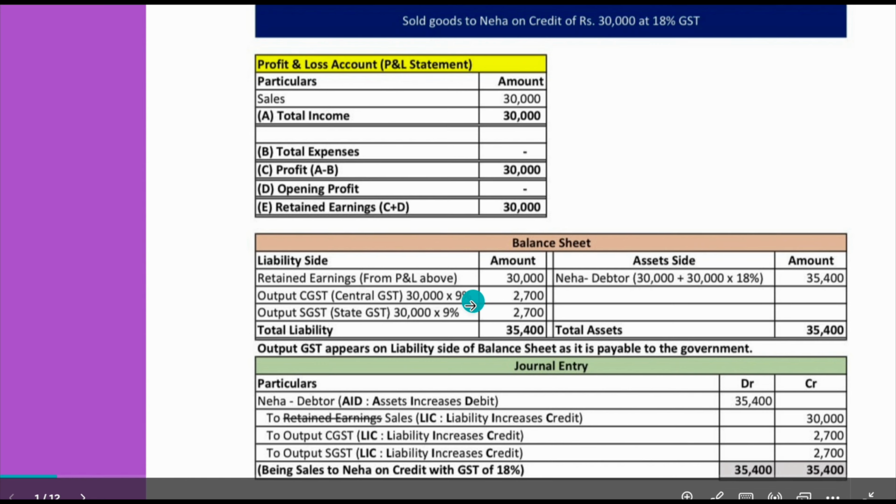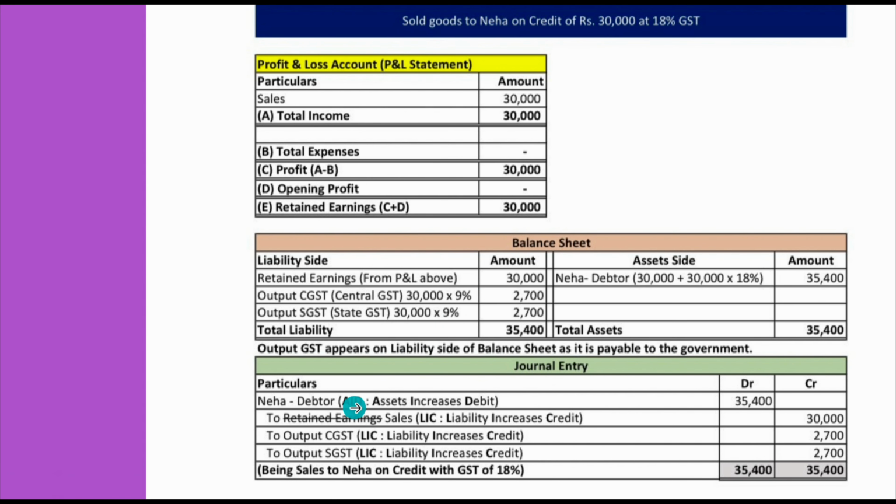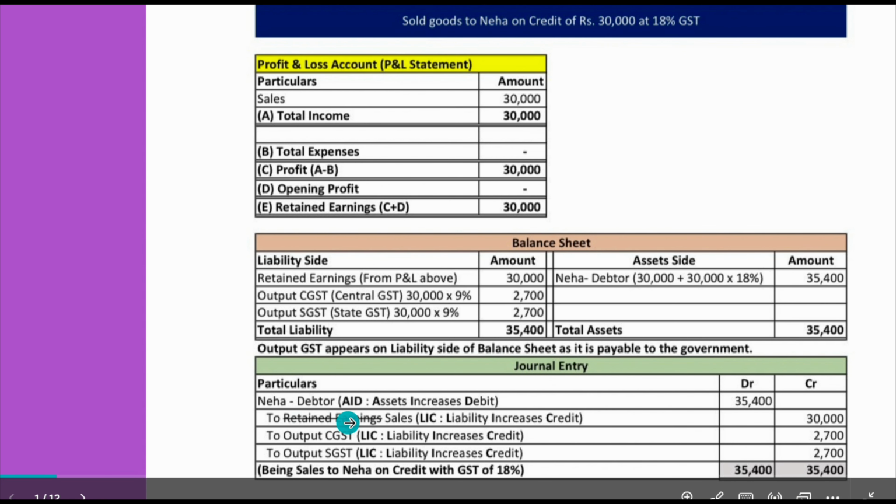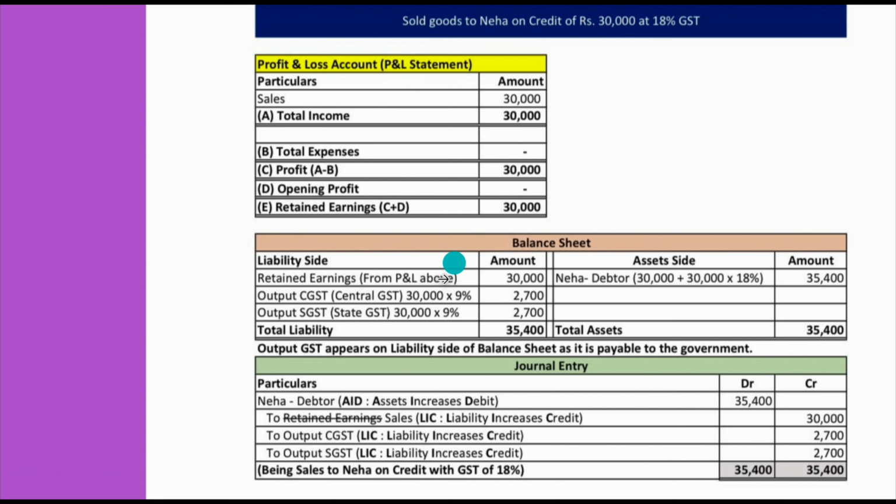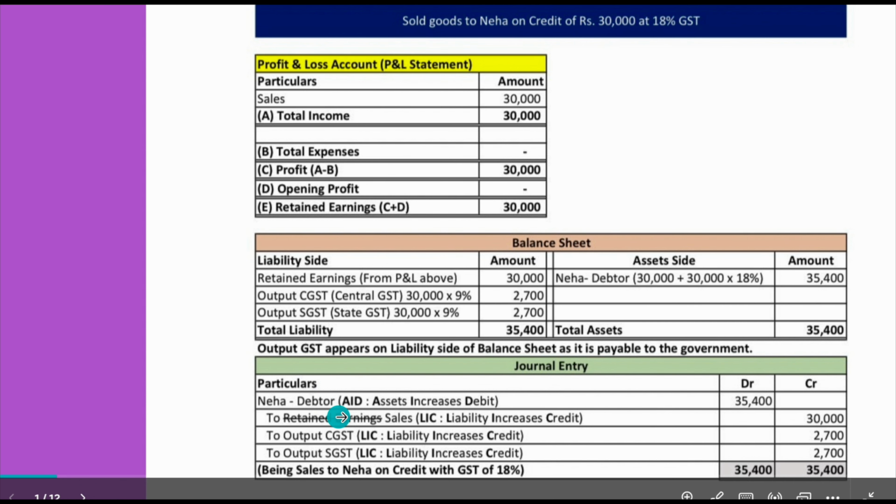However, whenever retained earning is recorded in any journal entry, you do not directly write the word retained earning; rather you write the transaction which is contributing to this retained earning, that is sales in this case. That is, due to sales, profit is increasing and retained earning is increasing, on the basis of which we are applying the rule of LIC, that is liability increases credit.